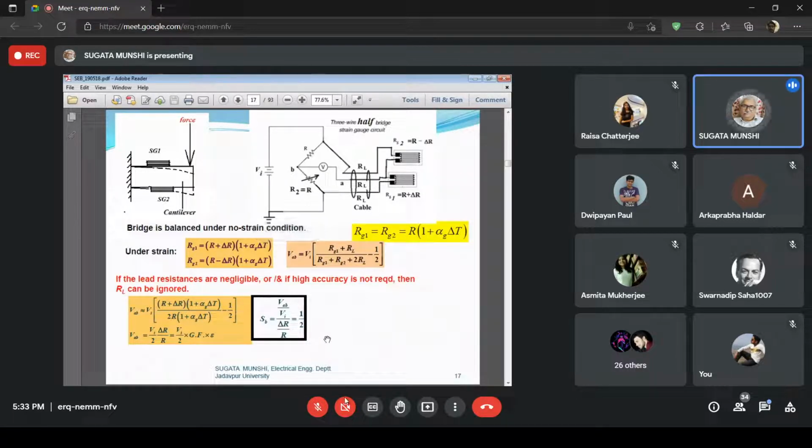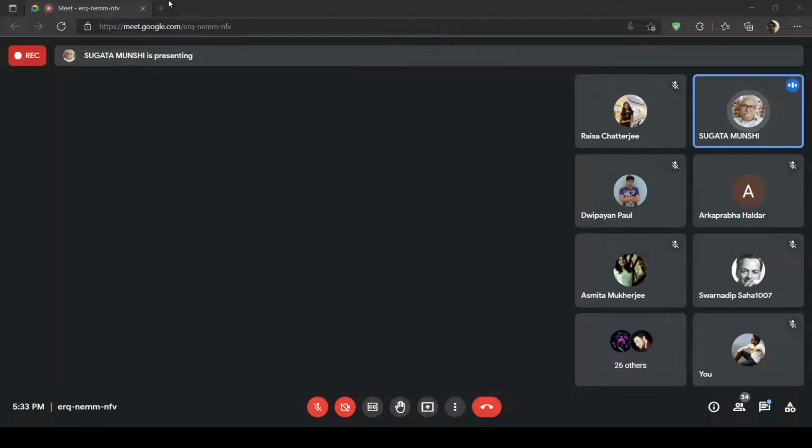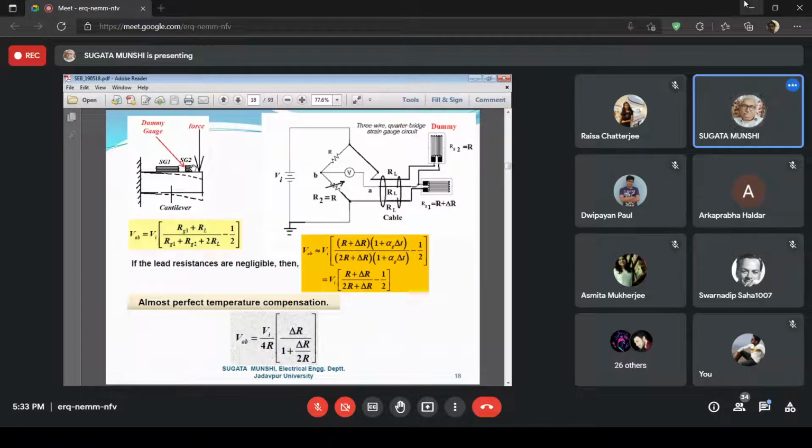For temperature compensation, what you can do, you can just place the second gauge not as an active gauge, but dummy gauge. What is meant by dummy gauge? In the right hand side figure, it's clearly shown. SG2 serves as the dummy gauge.